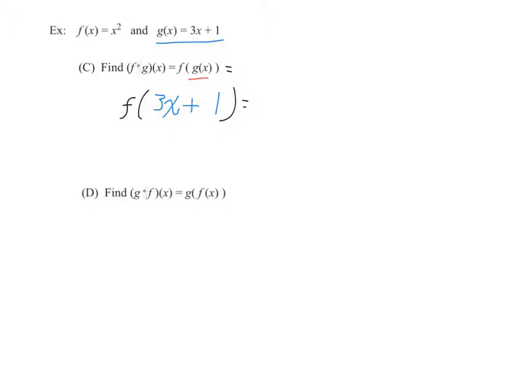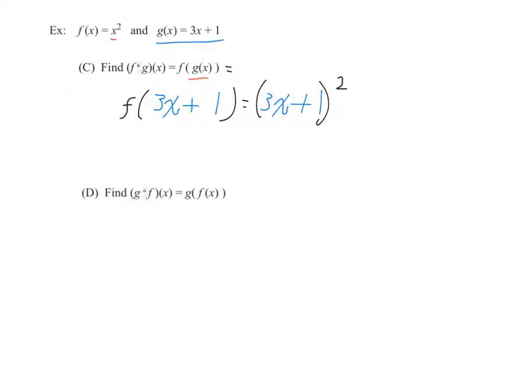What this is telling you to do is everywhere you see an x in the original f function, it now needs to be replaced by 3x plus 1. So what used to be plain x up there is now 3x plus 1 squared. It's one function substituted into another.